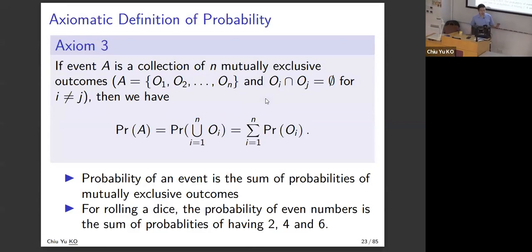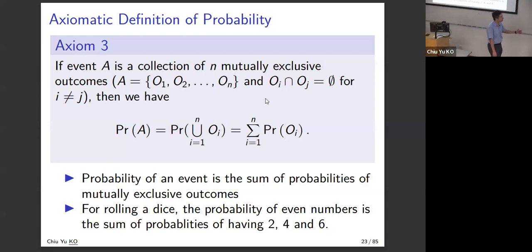And the very last one, the one that has the most bite, is what we call the addition property, which essentially says if you have a union of mutually exclusive events, right?